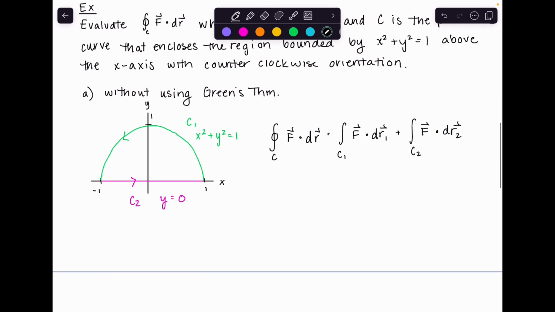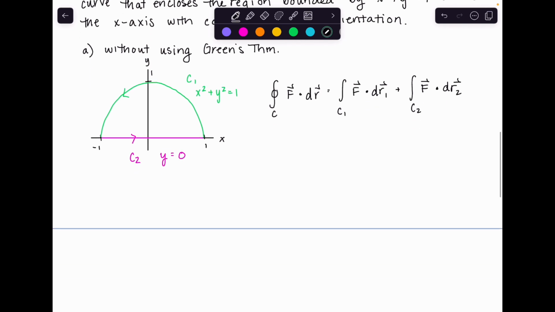Okay, so starting with C1, because that is the more complicated of the two. In this case, I want a semicircle. The best way I can parameterize that is using r1(t) equals ⟨cosine of t, sine of t⟩, because I have to go in counterclockwise orientation.